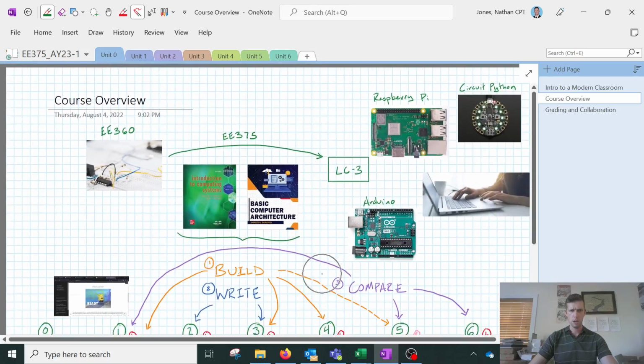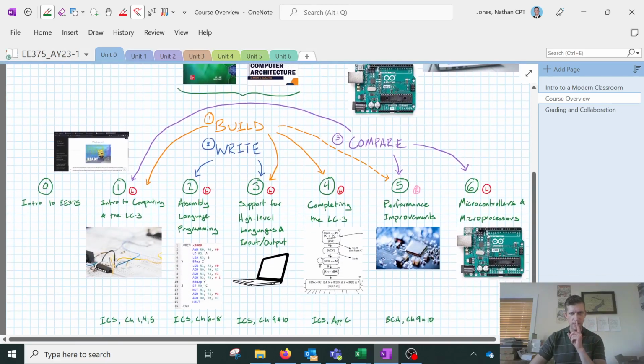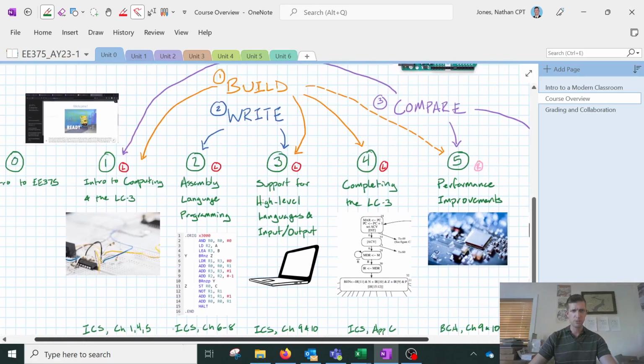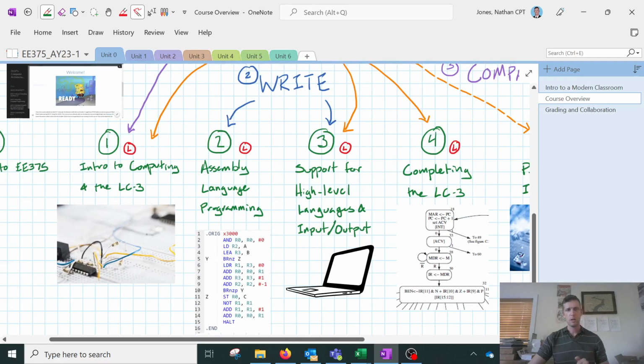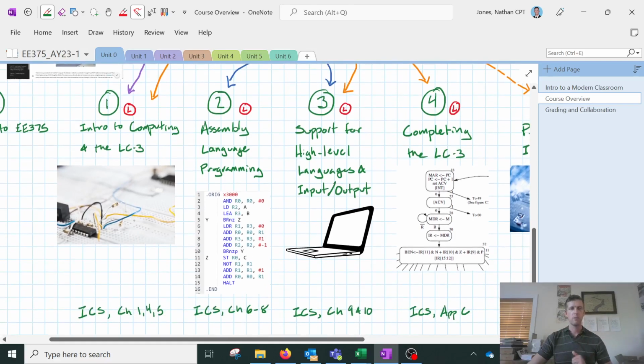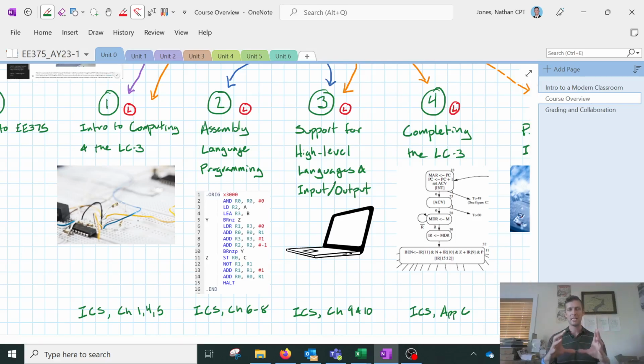Okay. The last thing, I almost forgot to mention, are the labs. I hinted at them briefly, but just to reiterate, as you're going through the course, you'll get more details. In Unit 1, we've got a lab, marked here with the little L. That lab is going to be to implement the design of the LC3 that we'll have studied at that point in a digital logic simulator called Logisim.